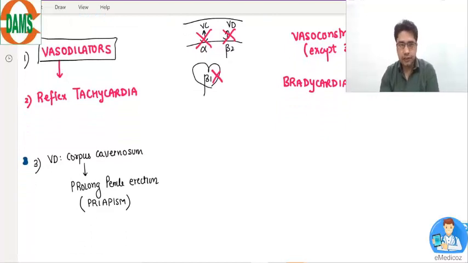Next point, with beta blocker, if you produce vasoconstriction, it will decrease the blood supply to the penile area.